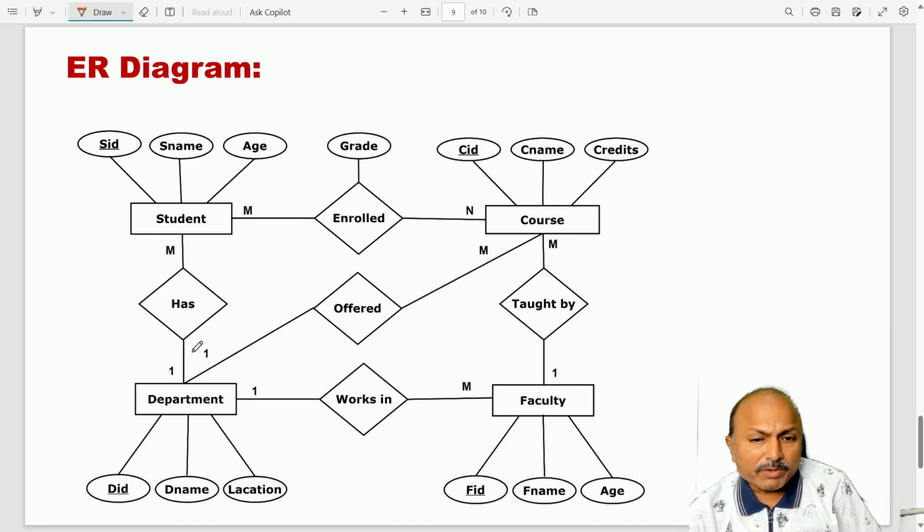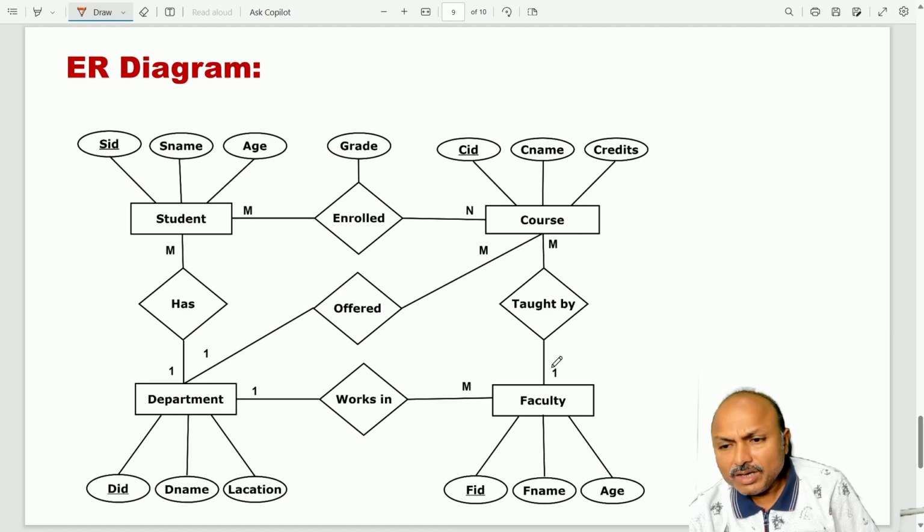Here, one department has many students, so you need to write 1 and M. This is the connection and relationship between student and department. Coming to this side, many courses are taught by one faculty.